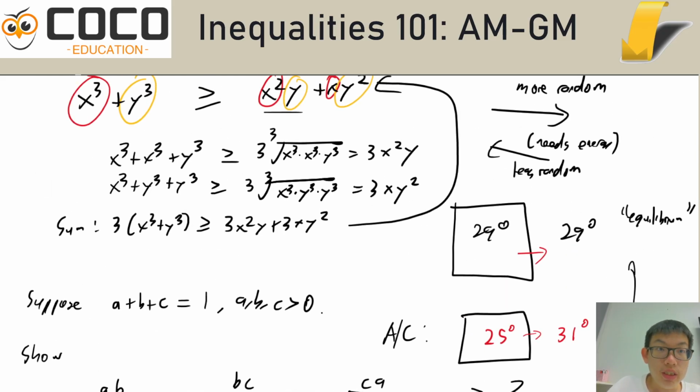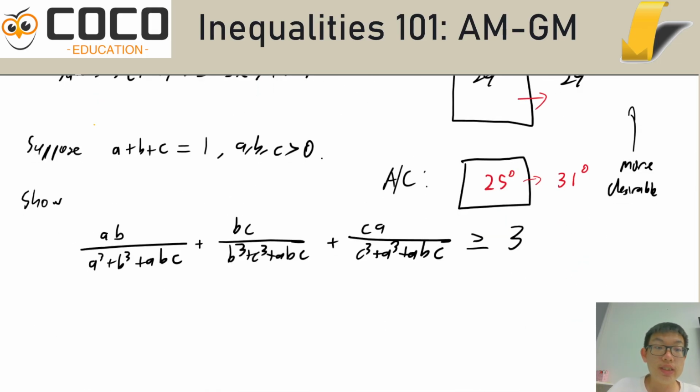As you have seen here, we just tossed in some of it. How AM-GM works is that if I want to show that this is greater than or equal to 3, I want to just make the left-hand side gradually smaller as incrementally as possible until it reaches 3.